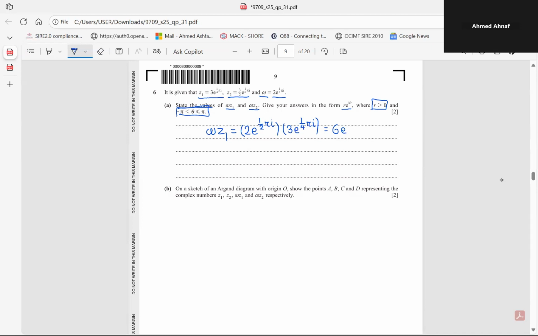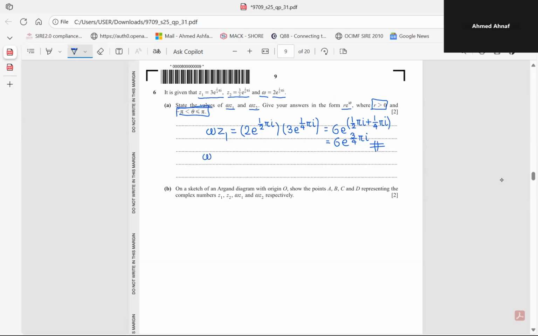So we'll have 6 to the power of half pi i plus 1 over 4 pi i. So this would just be 6e to the power of 3 over 4 pi i. And now let's check whether both r and theta are in the range. So r is 6, which is more than 0, and theta is 3 over 4 pi, which is between pi and negative pi. So this is our answer for omega times z1.